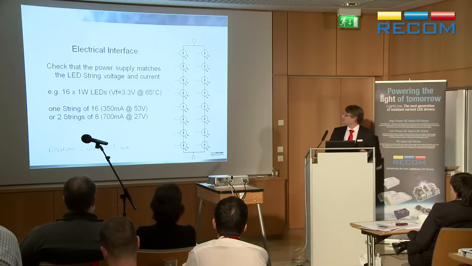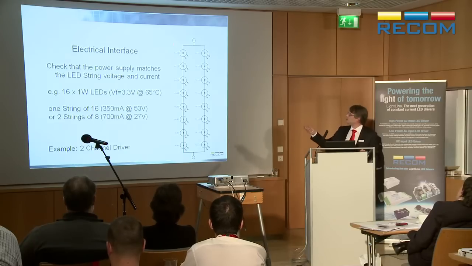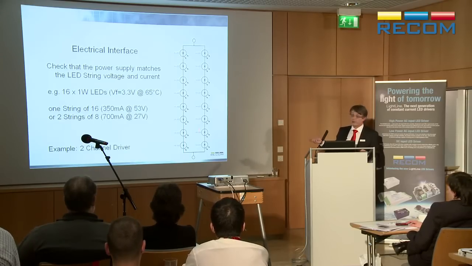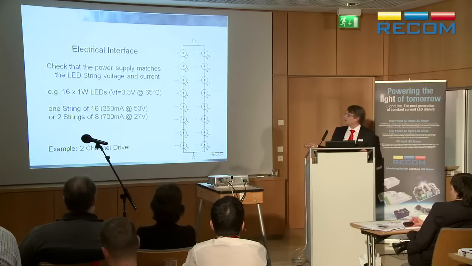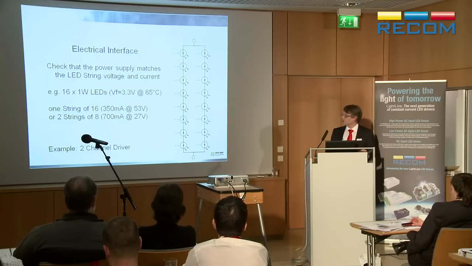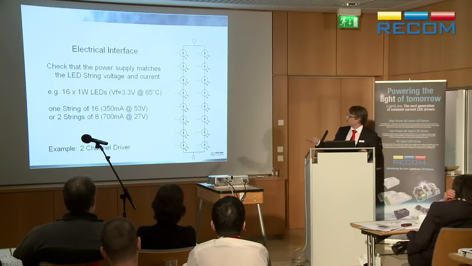However, you can take the same 16 LEDs and wire them up as 2 rows of 8, same amount of light. But now you've got 700 milliamps, double the current, half the voltage. So you might need a 2-channel driver here to make sure that the currents are balanced in each of these strings. Because if not, one's going to get brighter than the other. It's not going to look nice.